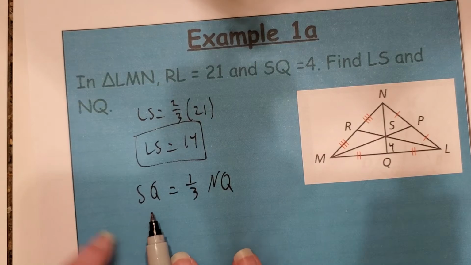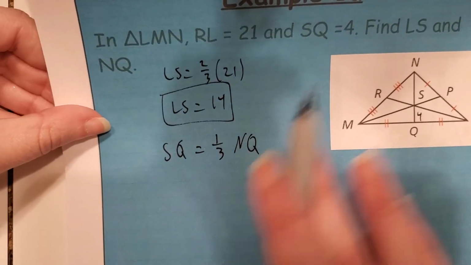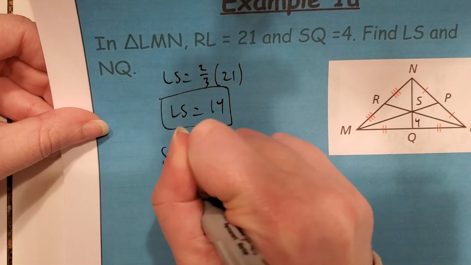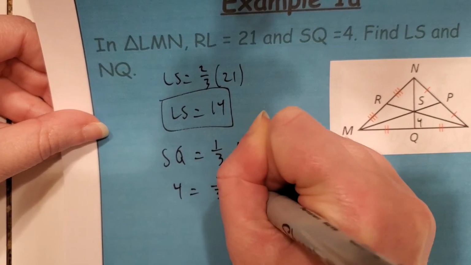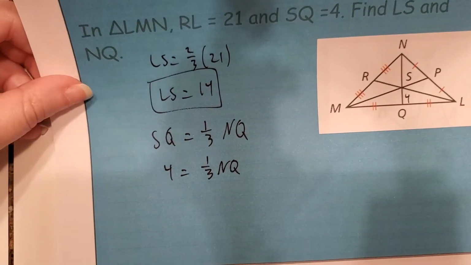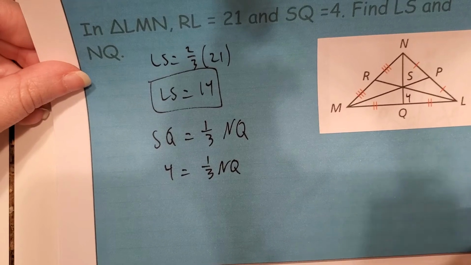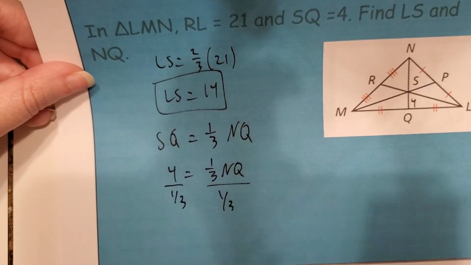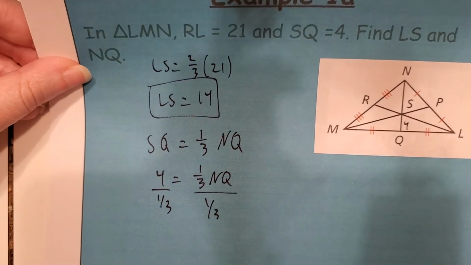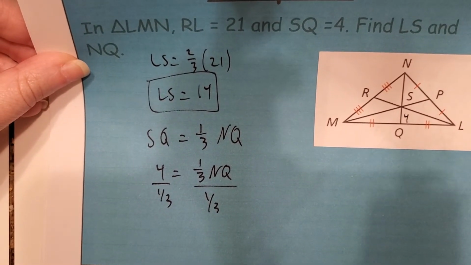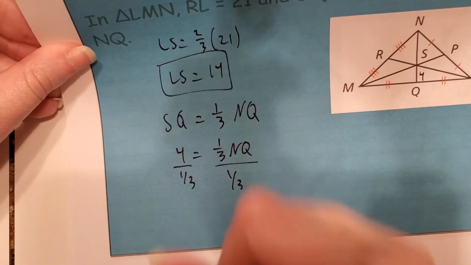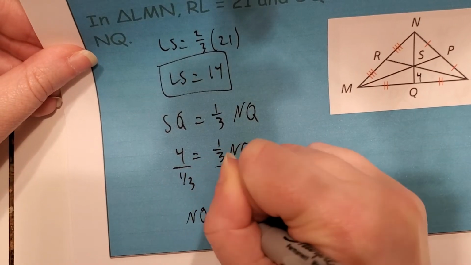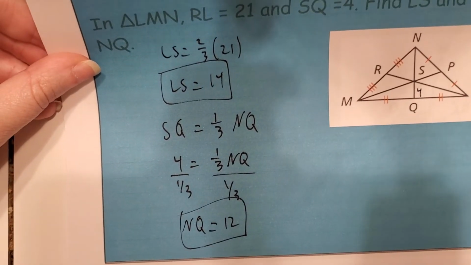But this is the piece we know, so we're going to plug 4 in here. 4 is equal to 1/3 of NQ. So how would we solve this? Technically you're dividing both sides by 1/3, or if you remember from middle school, dividing by a fraction is multiplying by the reciprocal. So 4 times 3, NQ is 12.